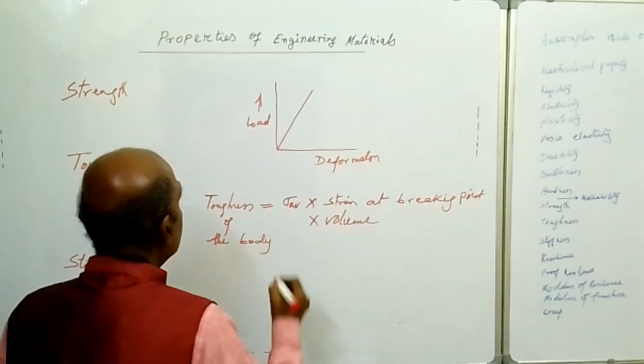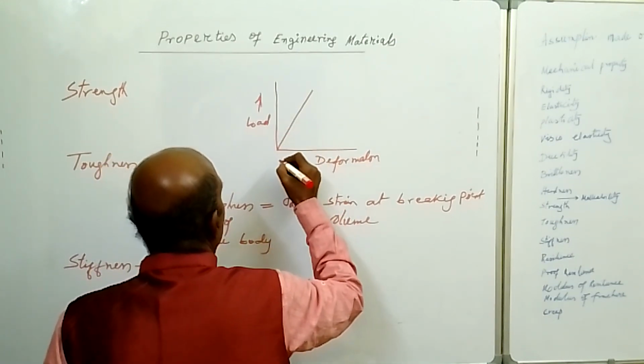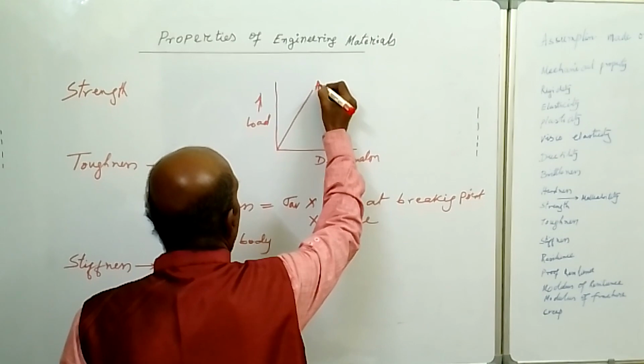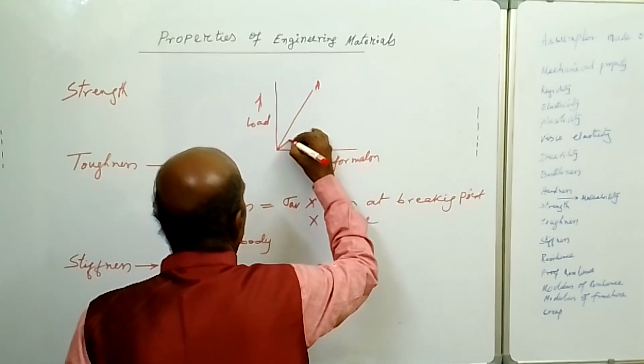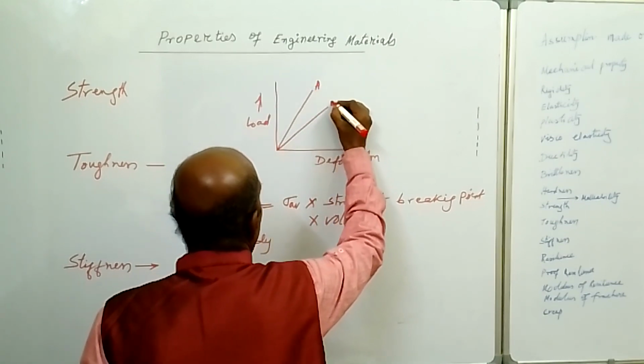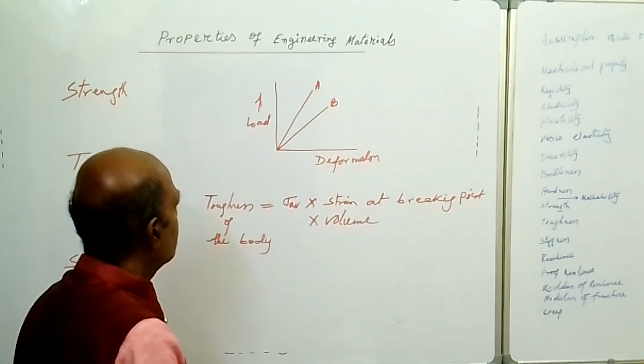Now, what is stiffness? Say this is the curve for material A, and for another material, say material B, this is the curve.